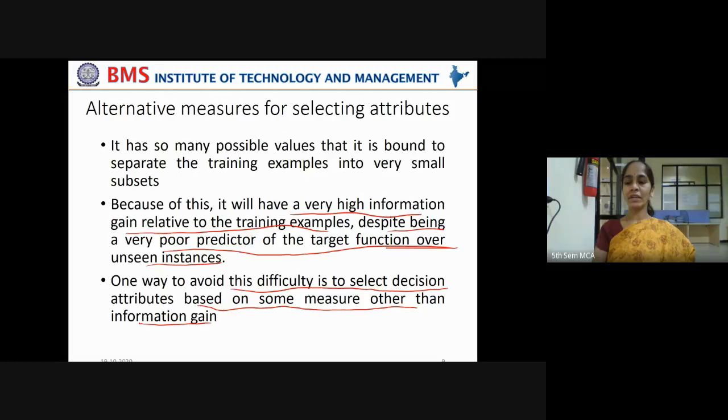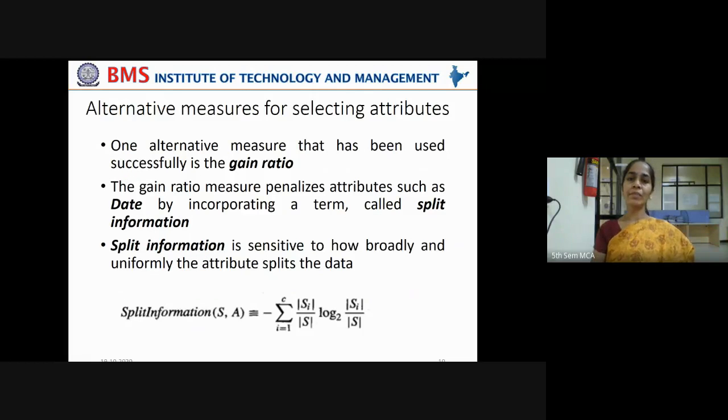So what is the alternative? One alternative measure that has been used successfully is the gain ratio. Instead of information gain, we now use gain ratio, which further filters out attributes such as date, which we have discussed.